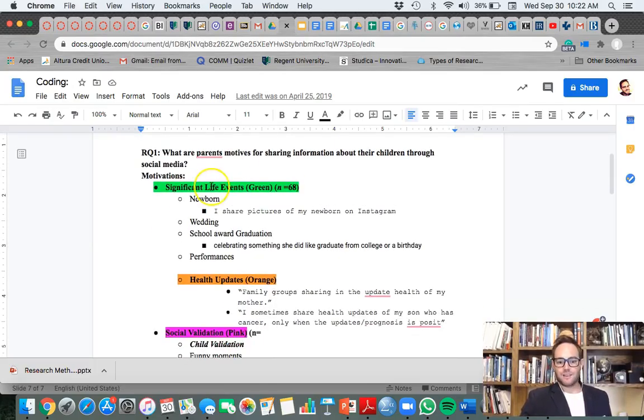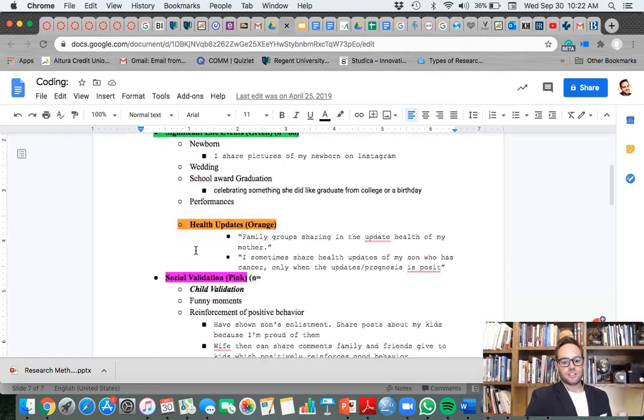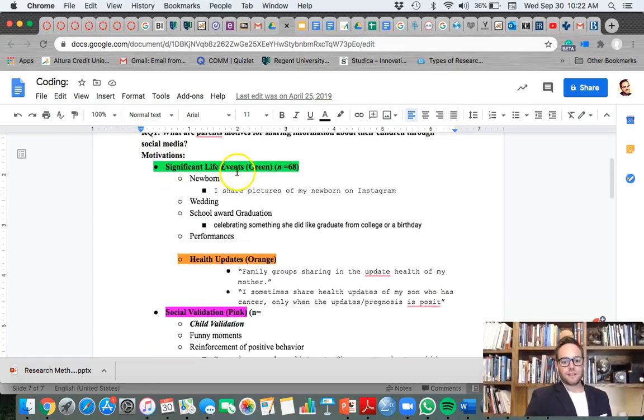Well, through coding all of those things, I boiled those results down to these conditions, and that is significant life events. So 68 participants really highlighted that the biggest motivation for sharing pictures of their children on social media was some sort of significant life event. This might have been a newborn, someone who just recently had a child and is sharing that experience, or maybe weddings.